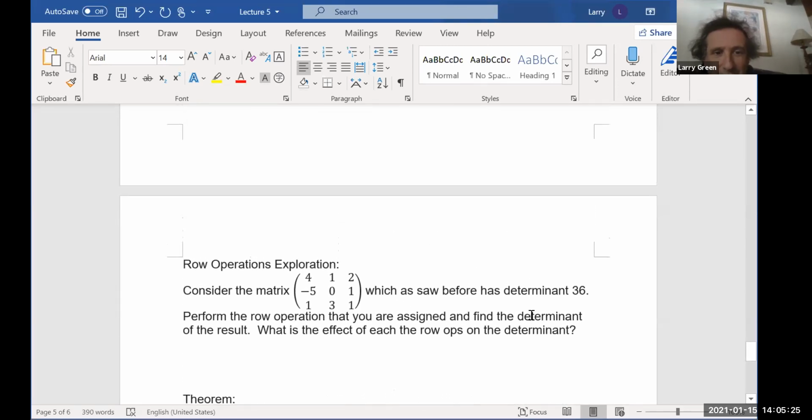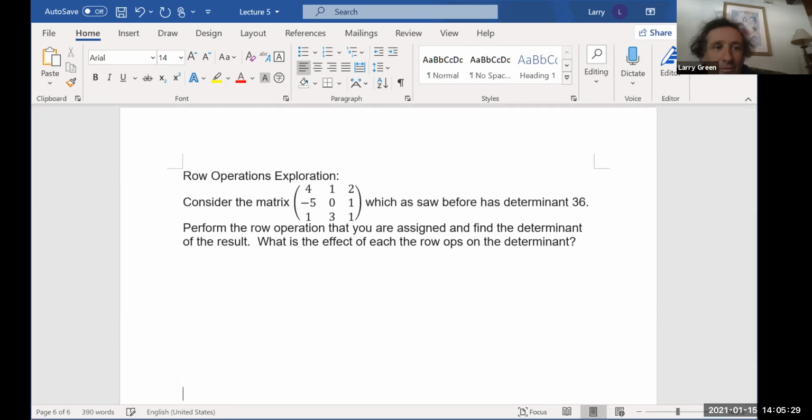So now let's do a row operation exploration. That means you're going to have to do some work. All right, so I have this matrix. And the determinant, I guess, is -36, if I did this right. Is this that same matrix? No, it's 36.